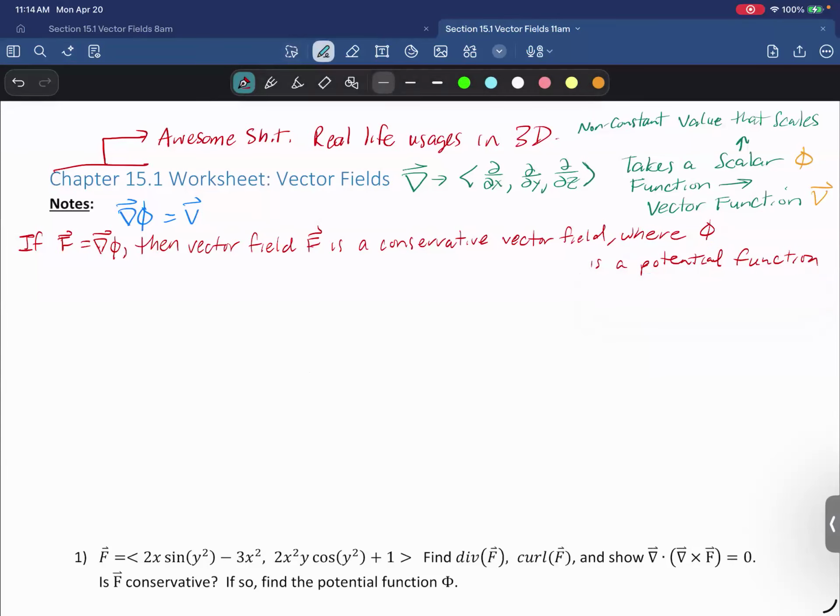We have two new commands, two new operations.